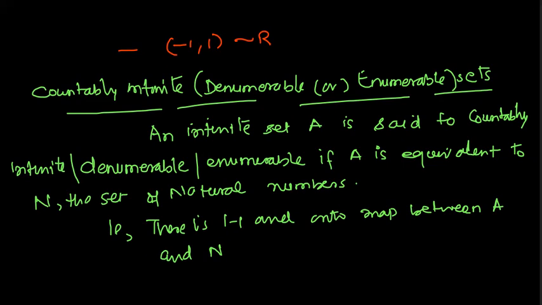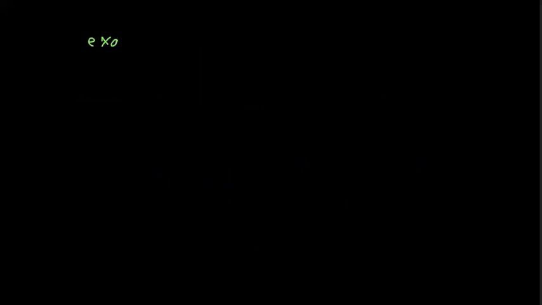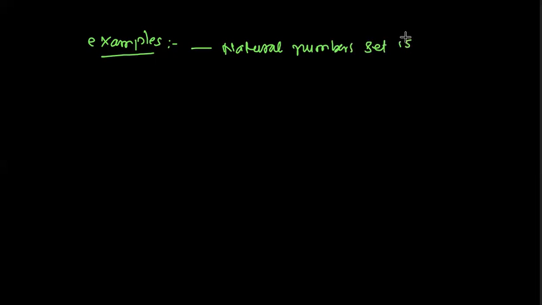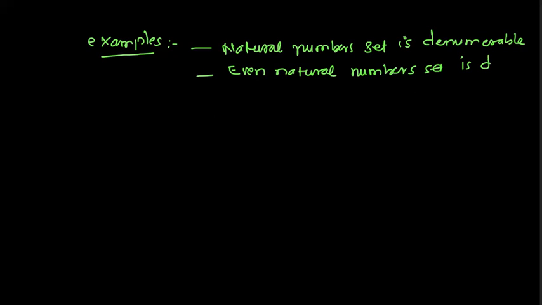Okay, so let us see some examples. First example: the set of natural numbers is denumerable, or countably infinite. Second, the even natural number set is denumerable.